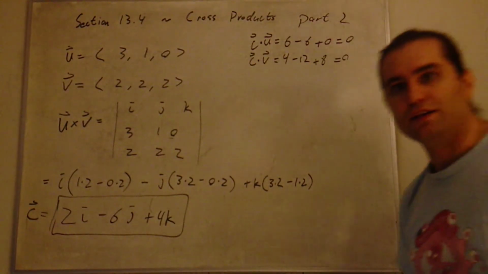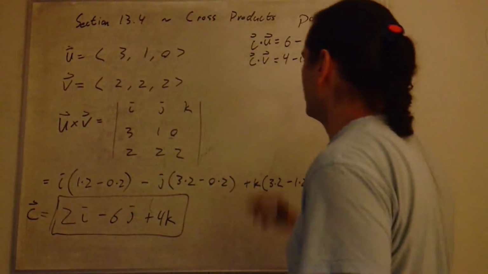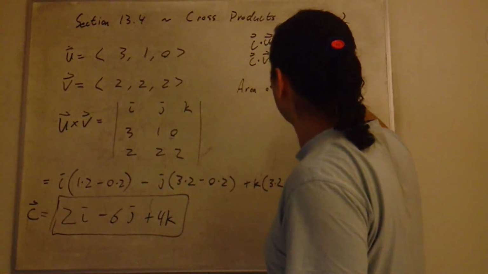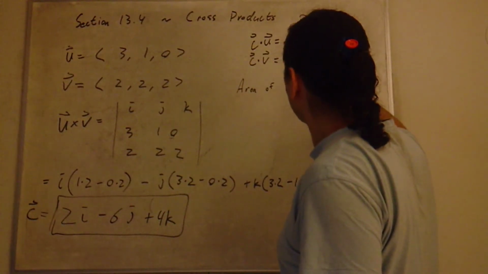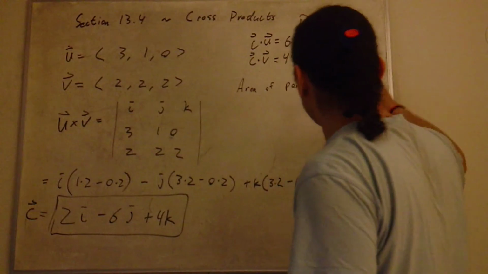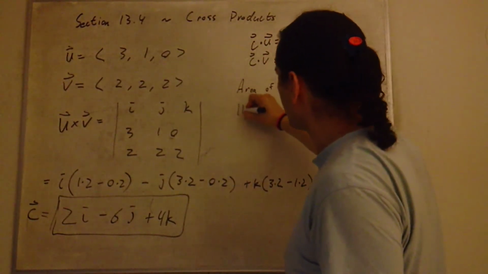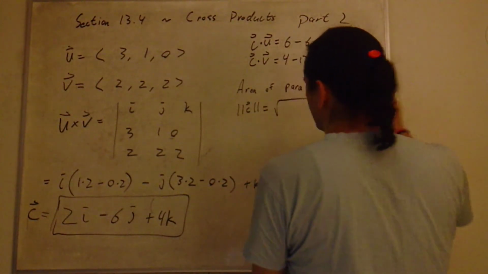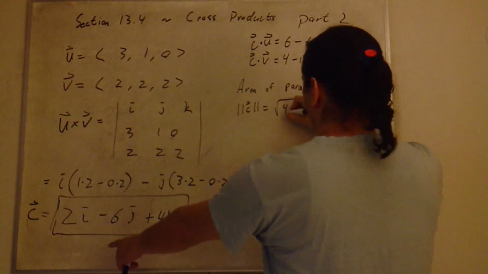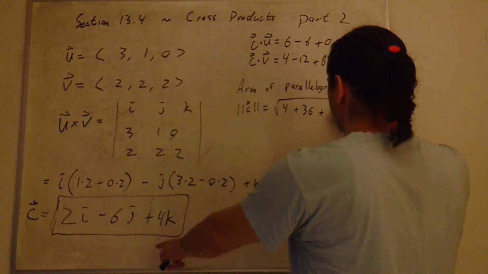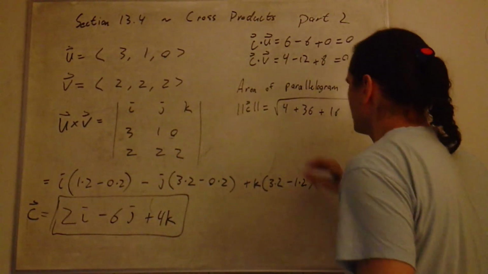And now I need to find the magnitude of C. Area of the parallelogram is the magnitude of C, which is the square root of 4 plus 36 plus 16, which is square root of 56.